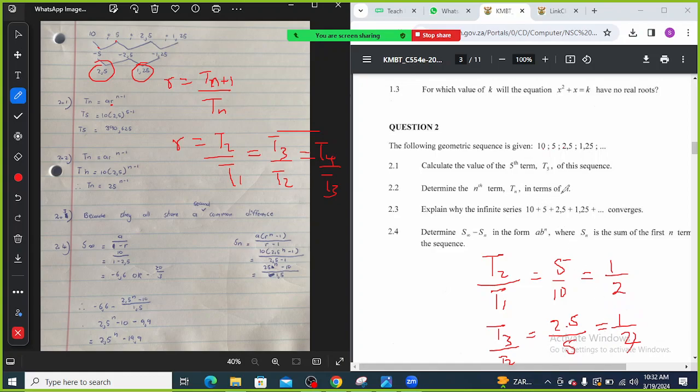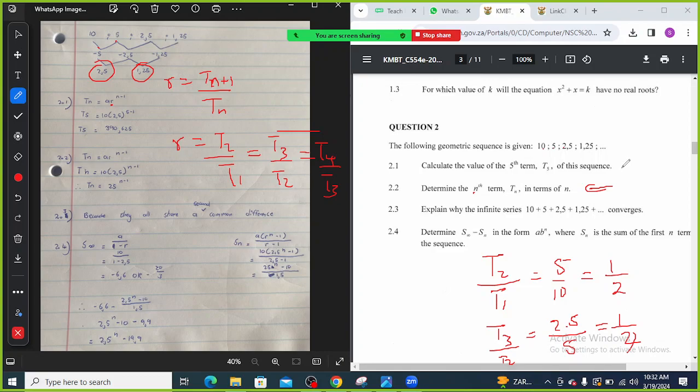Let's say they want you to find the nth term, which is the equation. But I would suggest they ask you to calculate the value of the 5th term. In most cases they like to ask this question before they ask for the equation. Even though you may find that in an exam or test, please start by finding the general equation, and then use the general equation to find the other answer.